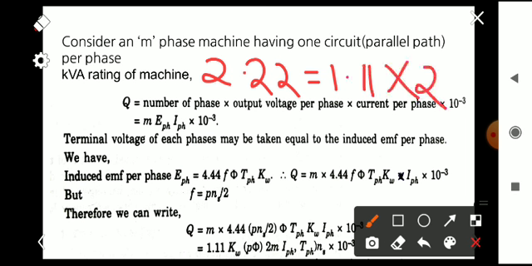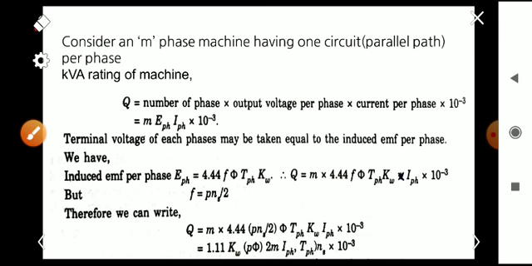We write together the values P and phi, and 2M into I phase into T phase. We have just rearranged this equation, that's all.